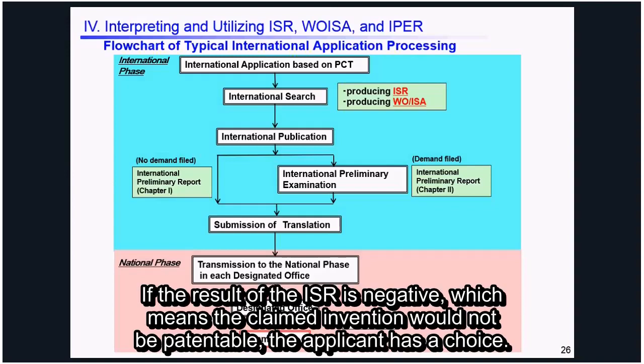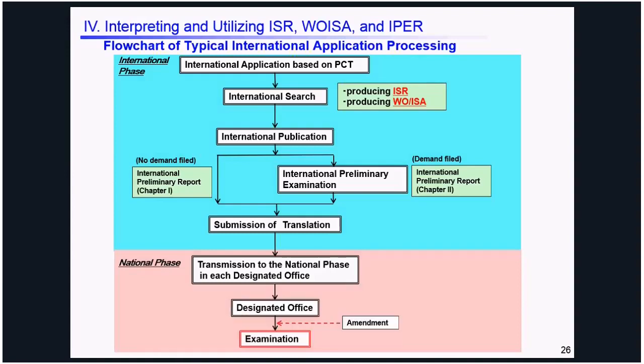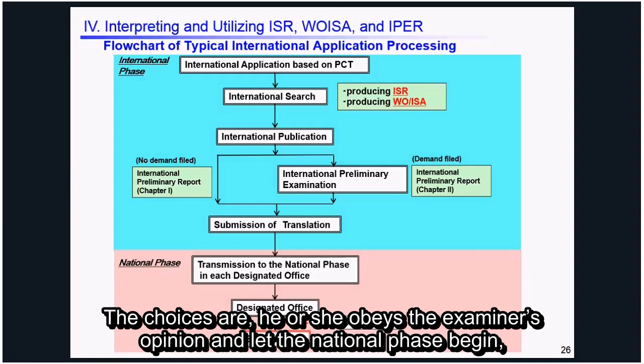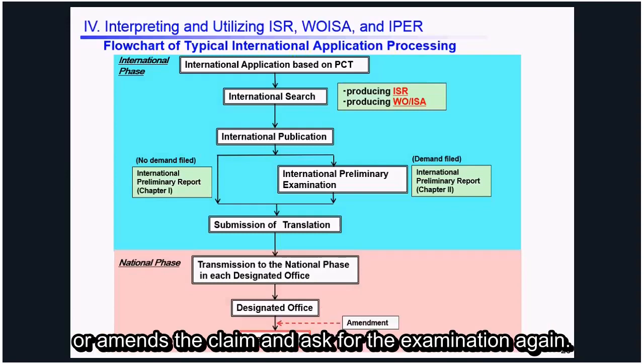If the result of the ISR is negative, which means the claimed invention would not be patentable, the applicant has a choice. The choices are: he or she obeys the examiner's opinion and lets the national phase begin, or amends the claim and asks for examination again.